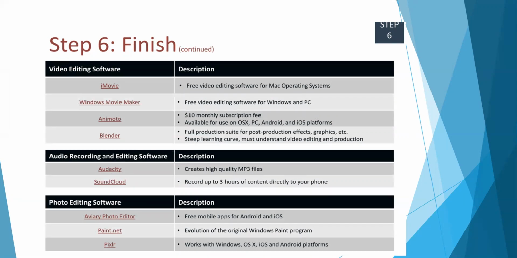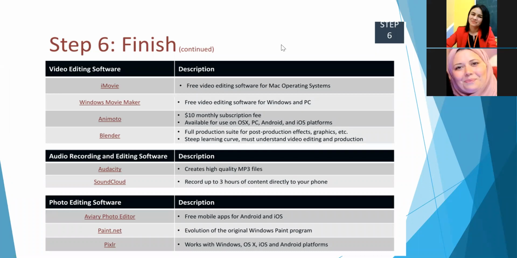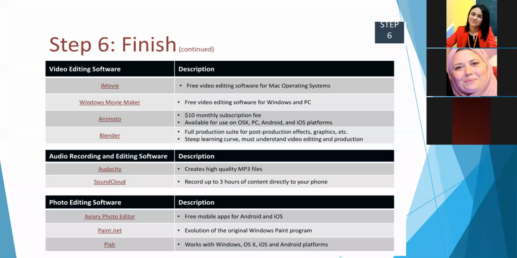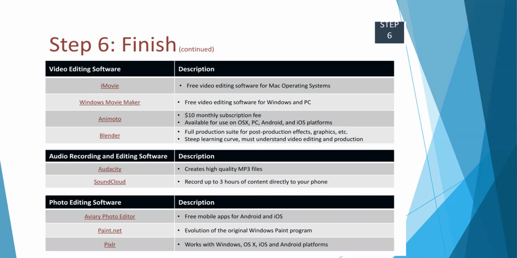So if you're not aware of video editing software you can choose, you can probably use iMovie or Windows Movie Maker. It's available for free on every computer. You can also use Animoto or Blender, and these programs usually are free and provide free tools for editing your videos. They have a gentle learning curve and make your working process really easy.